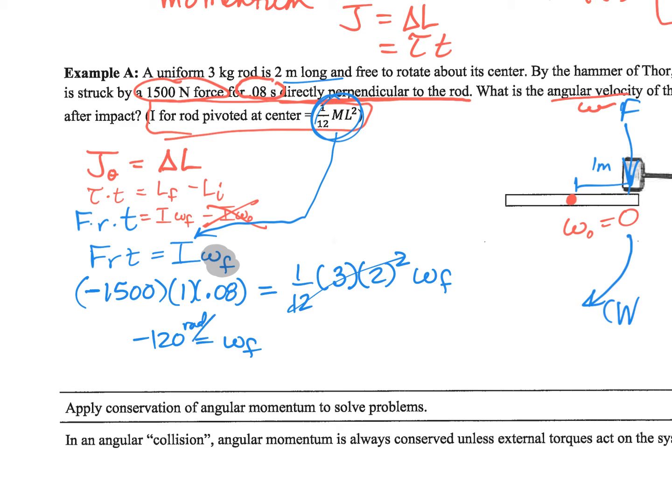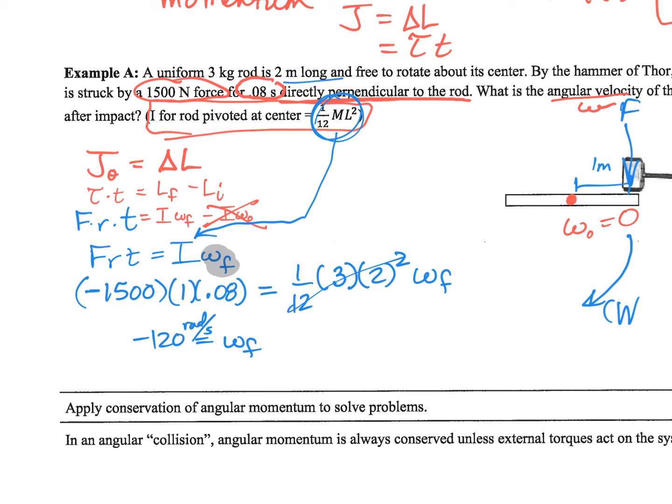Radians per second. So if you got 120 radians per second, you could change radians into revolutions. 1 revolution is 2 pi. So it's more like 6.